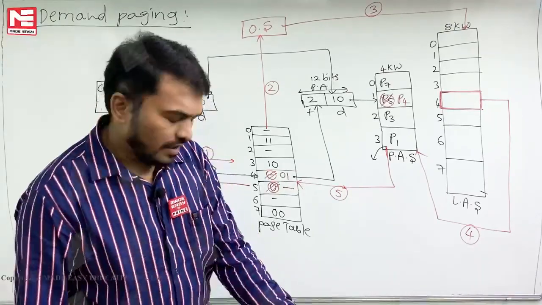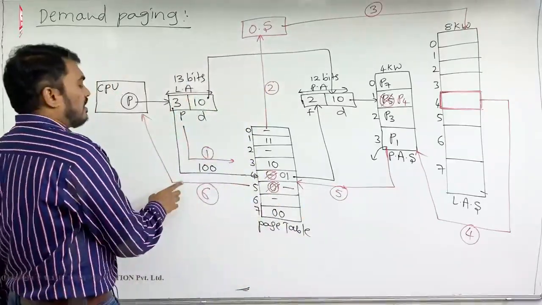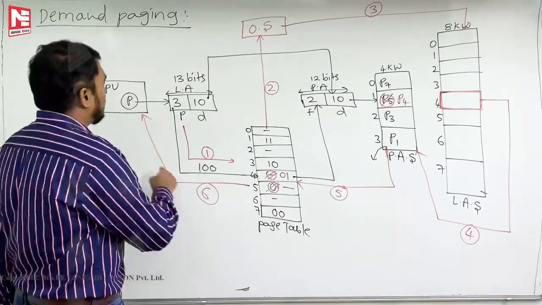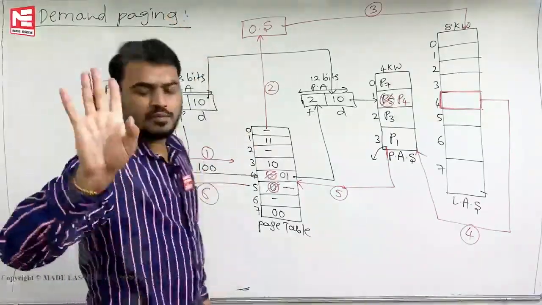Okay, understand here. Repeating the last point: signal will be sent to the CPU to continue program execution, and CPU will access the required page in the main memory and continue program execution.